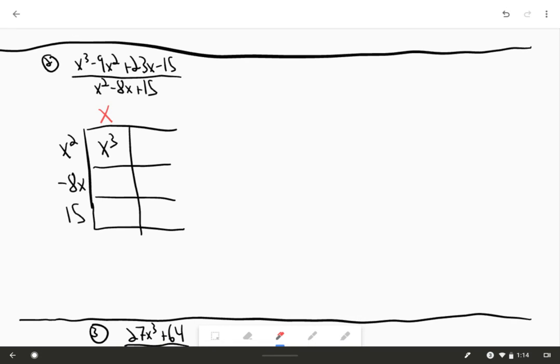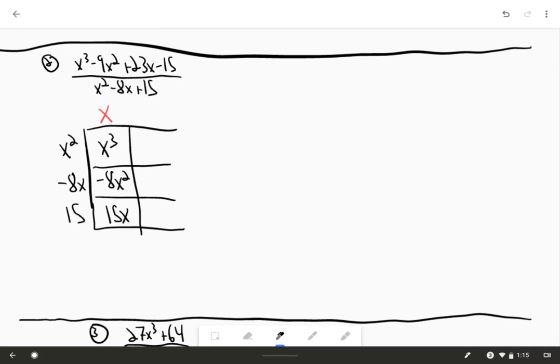X squared times x is x cubed. Once I know what goes on top of that first column, I can finish the column. So x squared times x is x cubed. Negative 8x times x is negative 8x squared. And 15 times x is 15x.